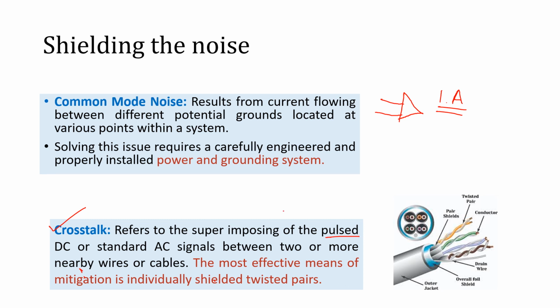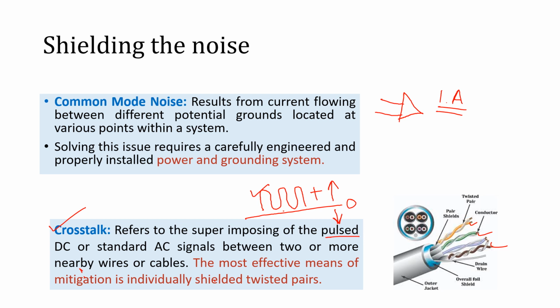Pulsating DC means the signal is DC, that is its level is always positive, not going below zero, but it is pulsating, increasing, decreasing, again increasing, decreasing, although its value remains above zero. So we call it a pulsating DC circuit. Pulsating DC or a standard AC signal is able to produce some crosstalk between different wires. When a number of wires come into a single big conductor, there is a chance of having crosstalk.